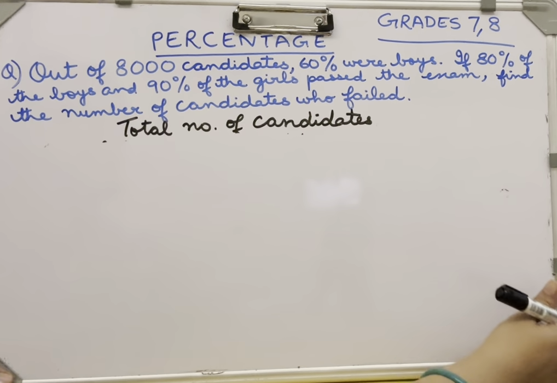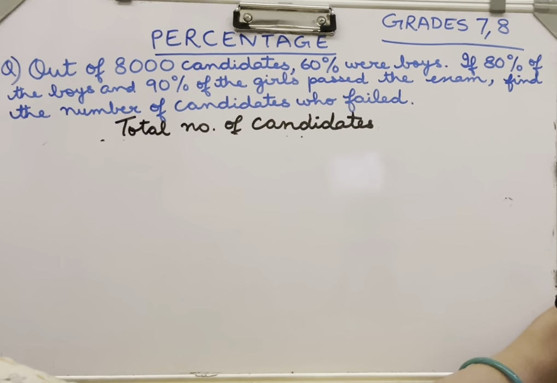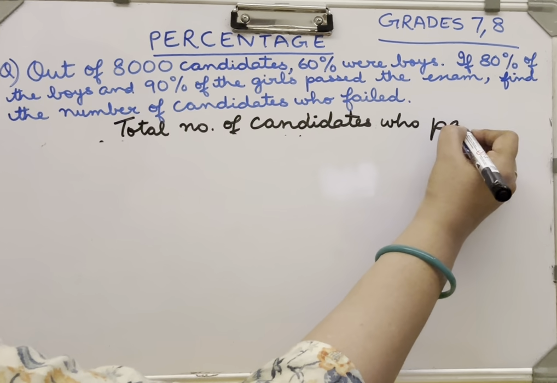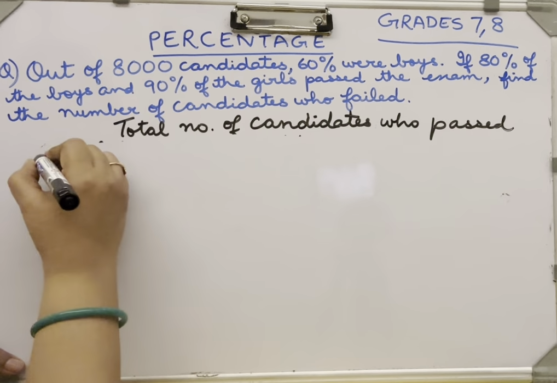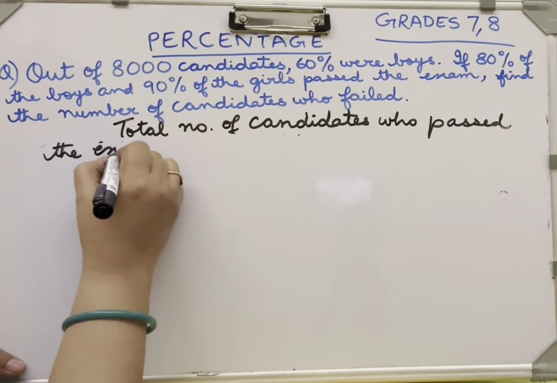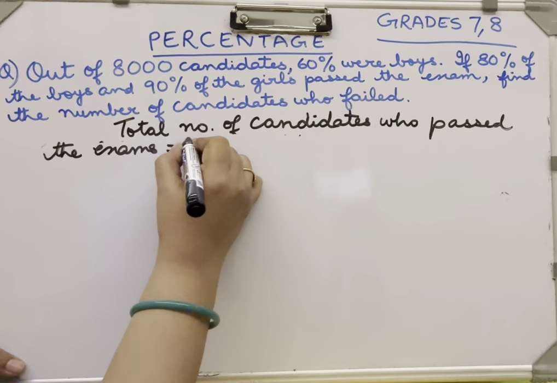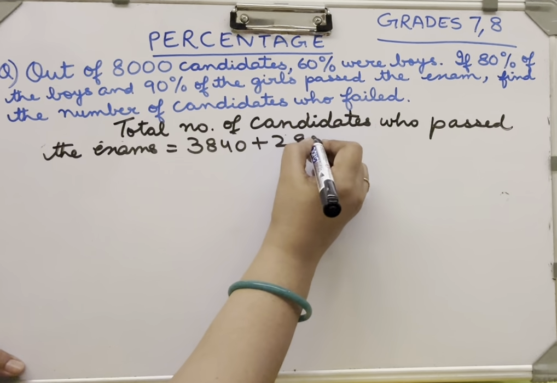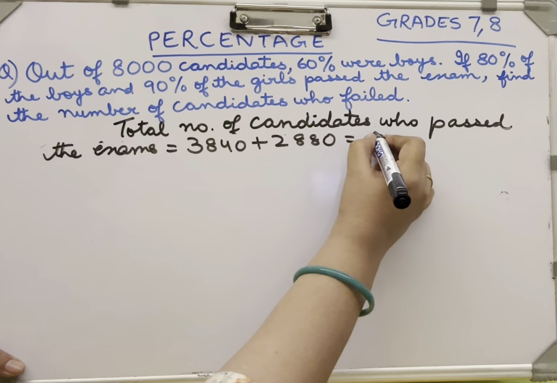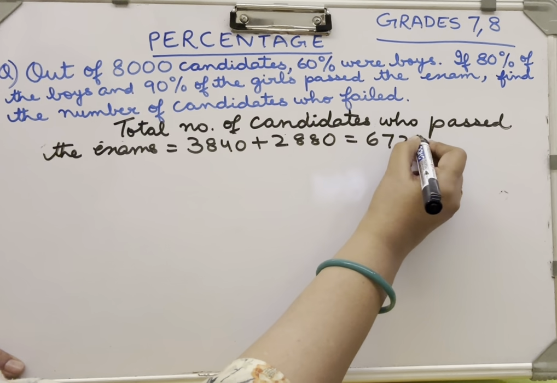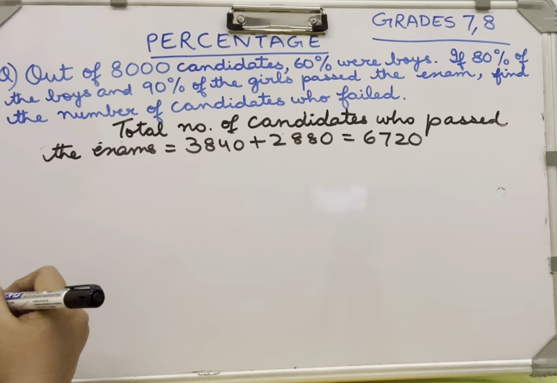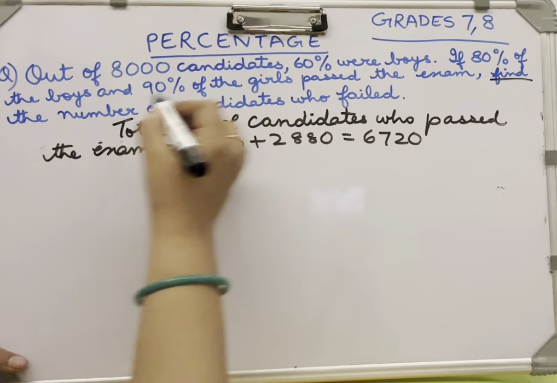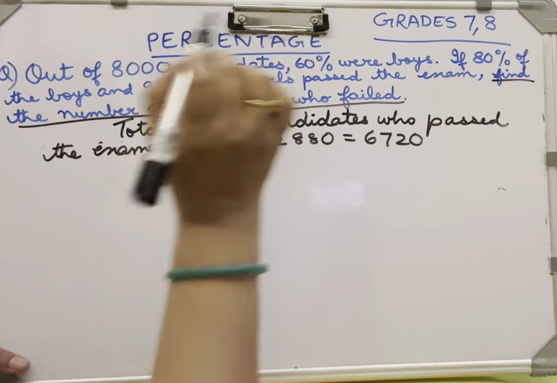The total number of candidates who passed the exam, that is 3840 plus 2880, which is 6720. Thus, the total number of candidates who failed the exam, because this is what we had to find, the number of candidates who failed.